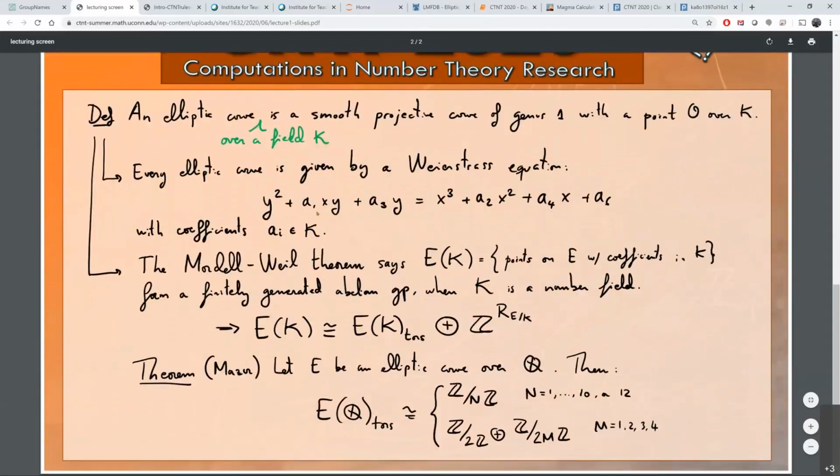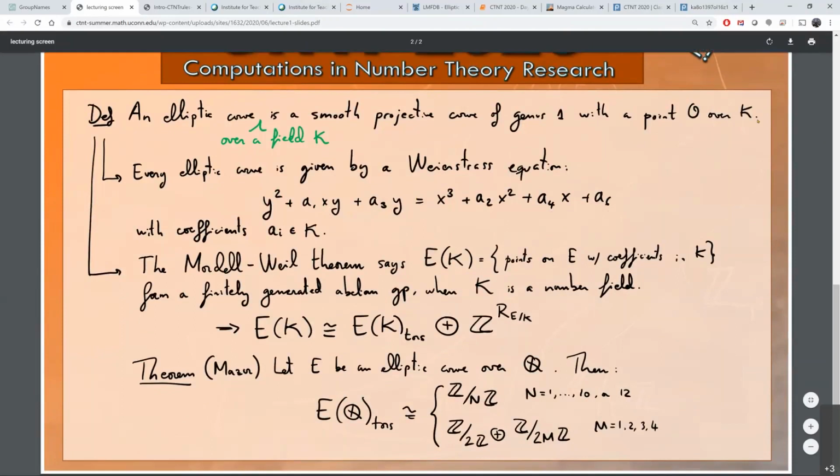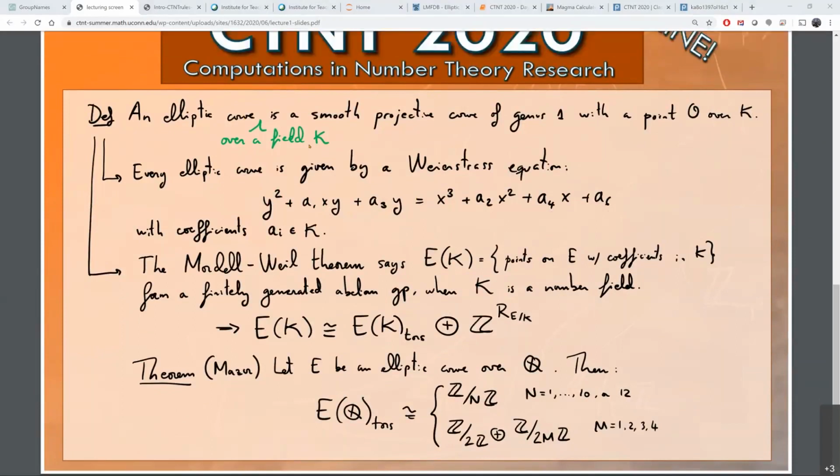Right. So what's an elliptic curve? An elliptic curve is a smooth projective curve of genus 1 with a point defined over the base field. If the elliptic curve is going to be defined over the field K, we need at least one point O defined over K. And some algebraic geometry tells you that you can actually give what we call a Weierstrass equation for an elliptic curve.